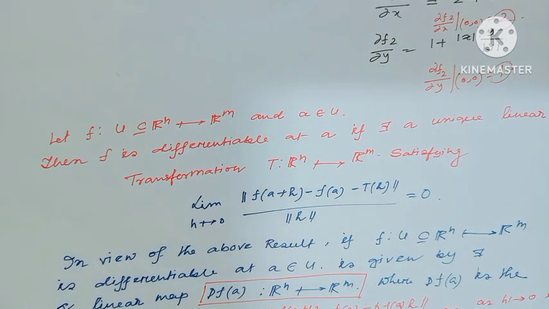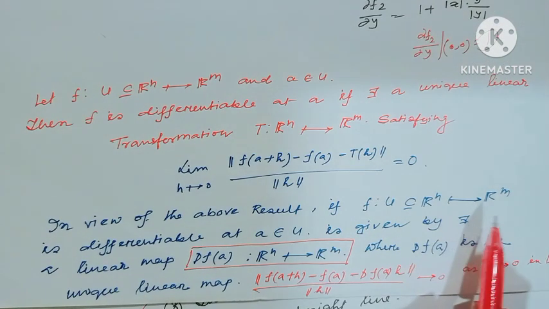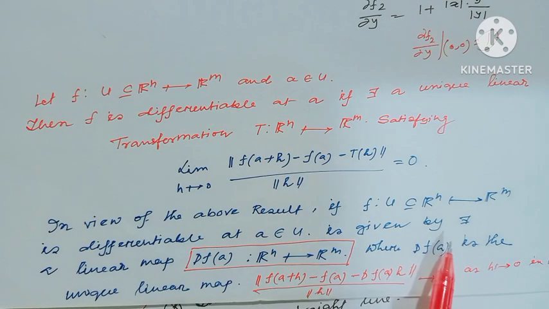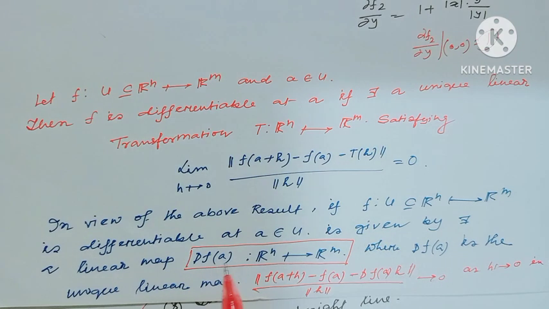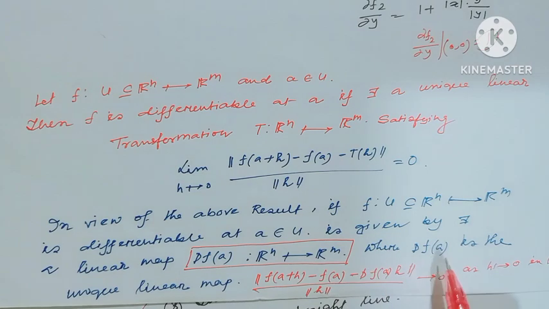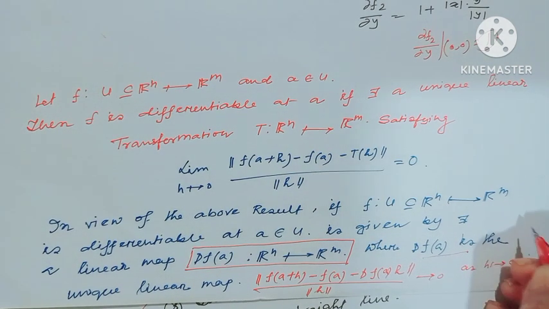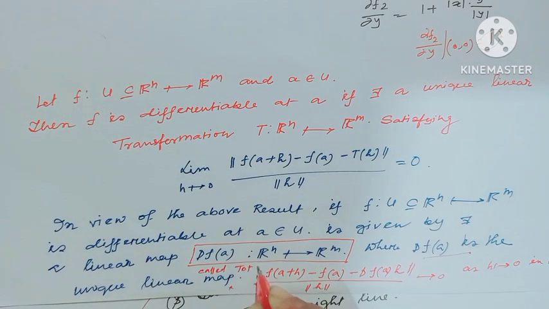In view of the above result, if f from U, a subset of R^n, to R^m is differentiable at a belonging to U, then there exists a linear map, denoted D f(a), from R^n to R^m, which is the unique linear map. This is called the total derivative.